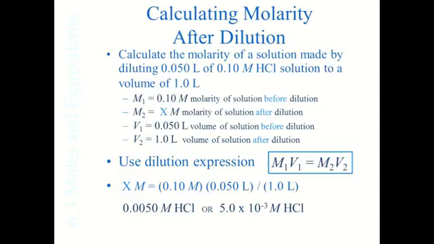Okay, so look at the problem. Calculate the molarity of the solution made by diluting 0.050 liters of 0.1 molar HCl solution to a volume of 1 liter. Now the question is, what's M1 and what is M2? What is given, what is asked? If you read the problem, 0.050 and 0.1 are your initials, correct?